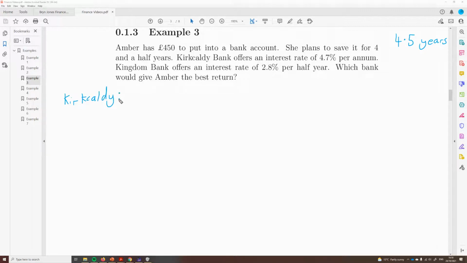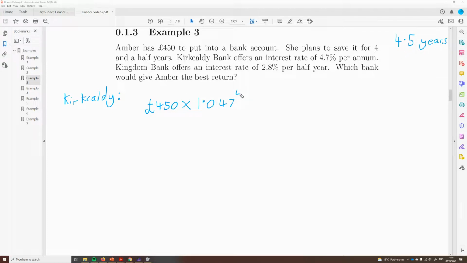So the Kirkcaldy Bank would give her £450 as her initial capital. That would be times by a decimal multiplier of 1.047. So this is this interest rate here. To the power of, well, this is per year, and she wants to put the money away for 4.5 years.